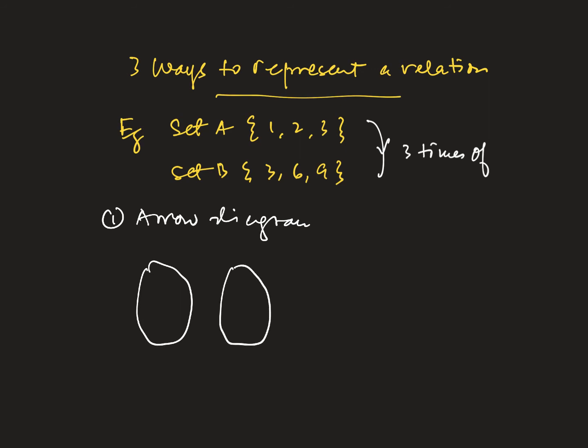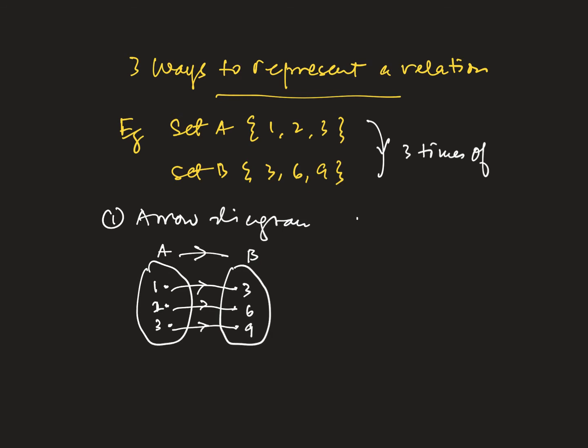So we have set A and set B, and the relation is "3 times of". We have elements 1, 2, and 3 in set A, and elements 3, 6, 9 in set B. So 3 is 3 times of 1, 6 is 3 times of 2, and 9 is 3 times of 3.